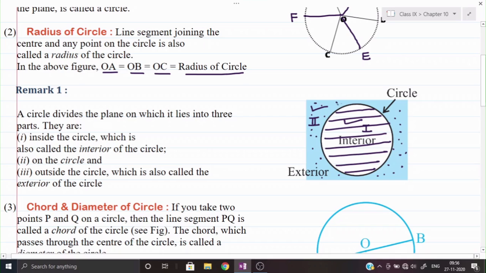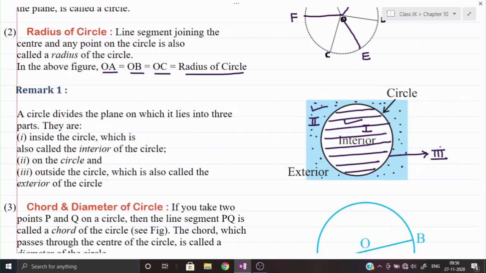And what about the third part over here? The third part is on the circle. Look at the boundary of the circle. This boundary of the circle is actually the third part which is made by the circle on the rectangle or the plane. This boundary doesn't come inside the circle or outside the circle.